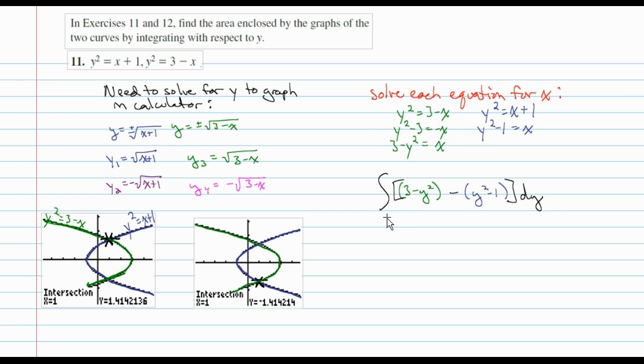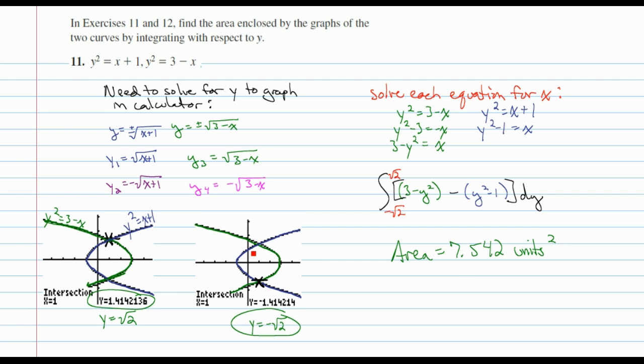And then my boundaries, my lower bound is going to be the lower y value of the intersection, so that's over here, that's negative square root 2 and positive square root 2 respectively. So I'll put those in, negative square root 2 to positive square root 2. And then I get that the area after I integrate with my calculator is 7.542 square units.